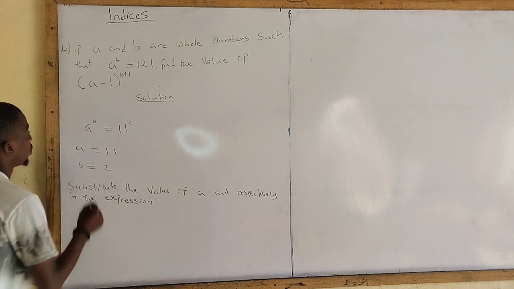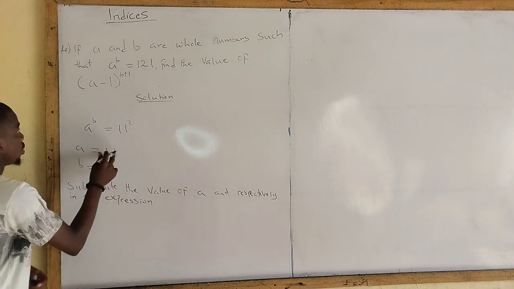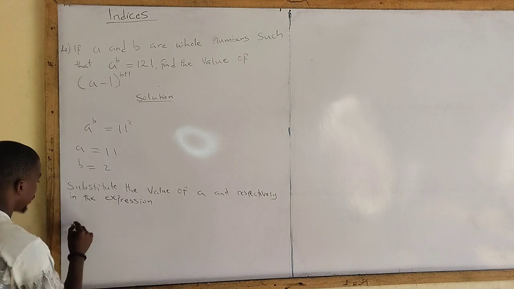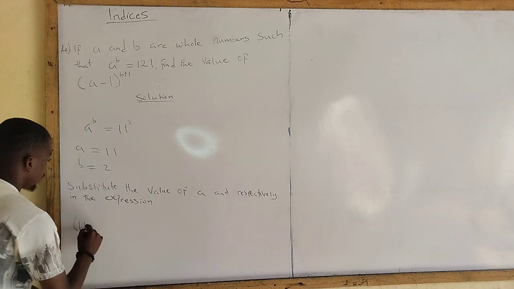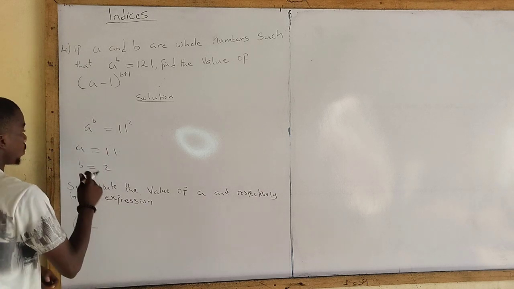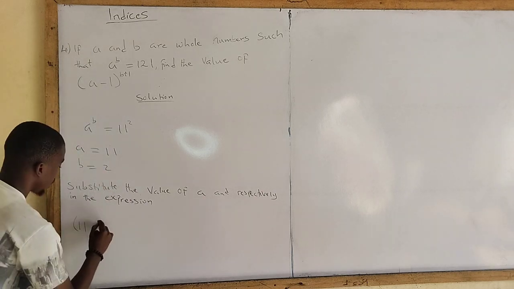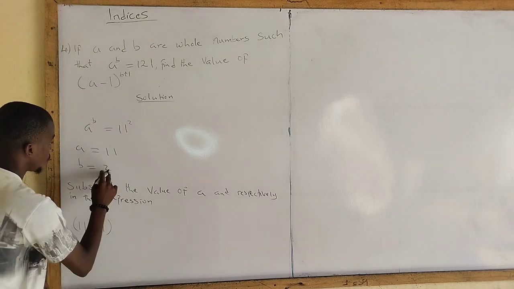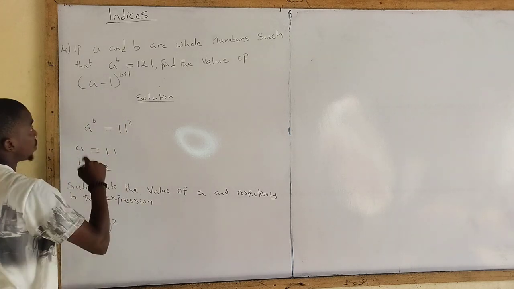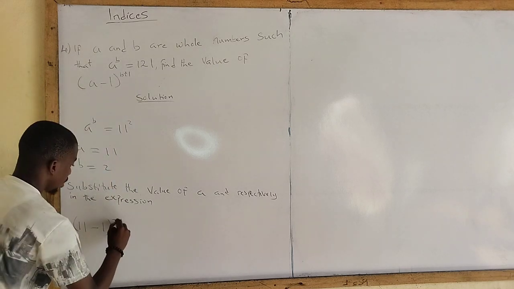Our a is equal to 11, so 11 minus 1. Our b is equal to 2, plus the 1 here.